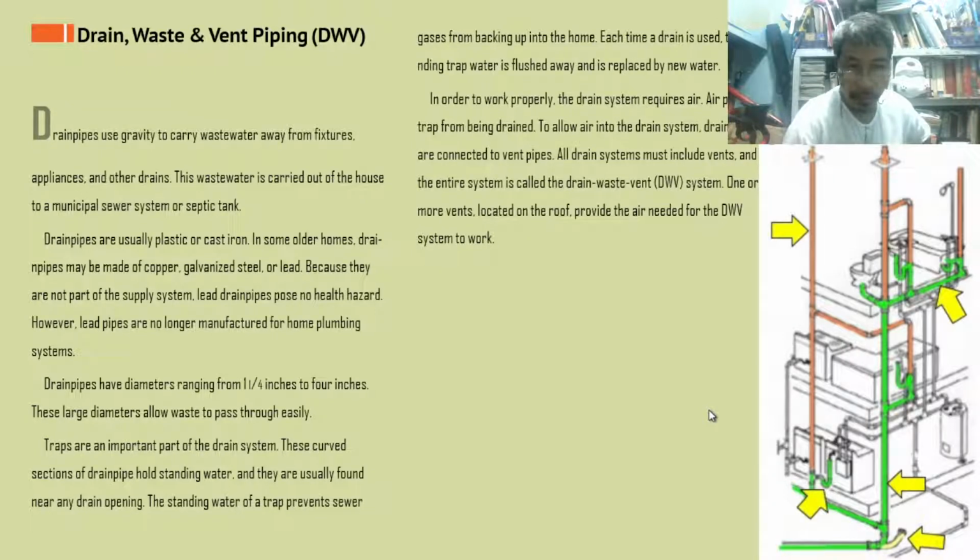Traps are an important part of the drain system. This curved section of the drain pipe holds standing water, and they are usually found near any drain opening. The standing water of a trap prevents sewer gases from backing up into the home, preventing bad or foul-smelling gas from being consumed by human beings. That's why they are important.